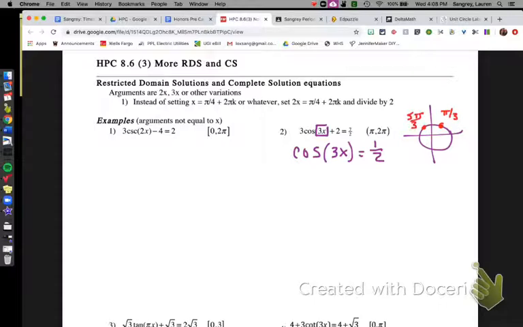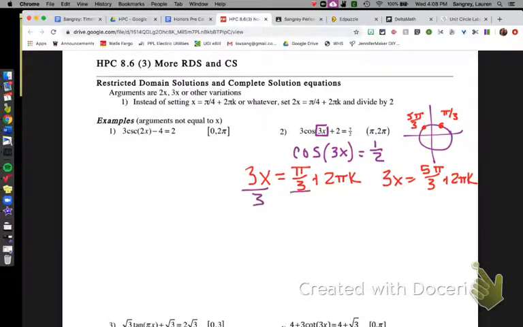So instead of x equals, we have 3x equals pi over 3 plus 2 pi k. And then we have 3x equals 5 pi over 3 plus 2 pi k. Those two values are not diagonally across from each other on the unit circle, which is why we're using 2 pi k. So now we need to solve for x.